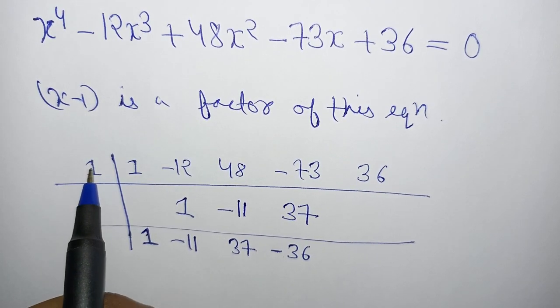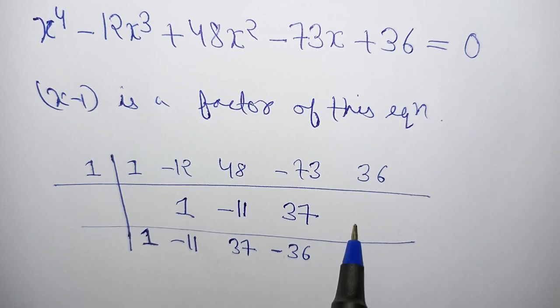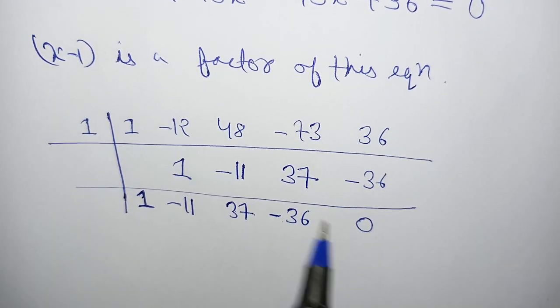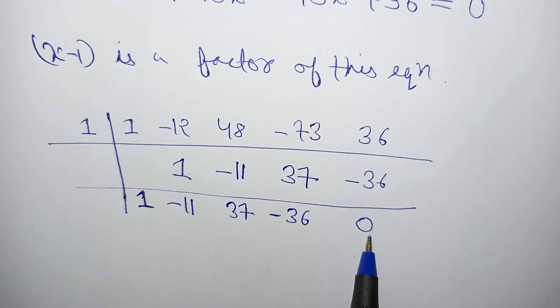Then repeat the same thing, 1 into minus 36 is minus 36, and minus 36 plus 36 is 0. Whenever you apply this trick, the last term will give you 0. If it gives you 0, that means you are doing it correctly, otherwise your process is wrong.